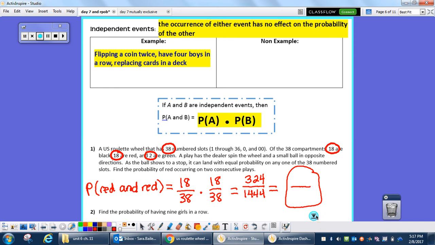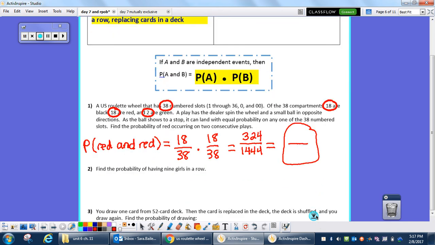Alright, now you're going to find the probability of having 9 girls in a row. So that would be like P of girl times P of girl, nine times. So the probability of having 9 girls: thinking about your first child, you have a 1 in 2 chance of having a girl. Your next child, you have a 1 in 2 chance of having a girl.